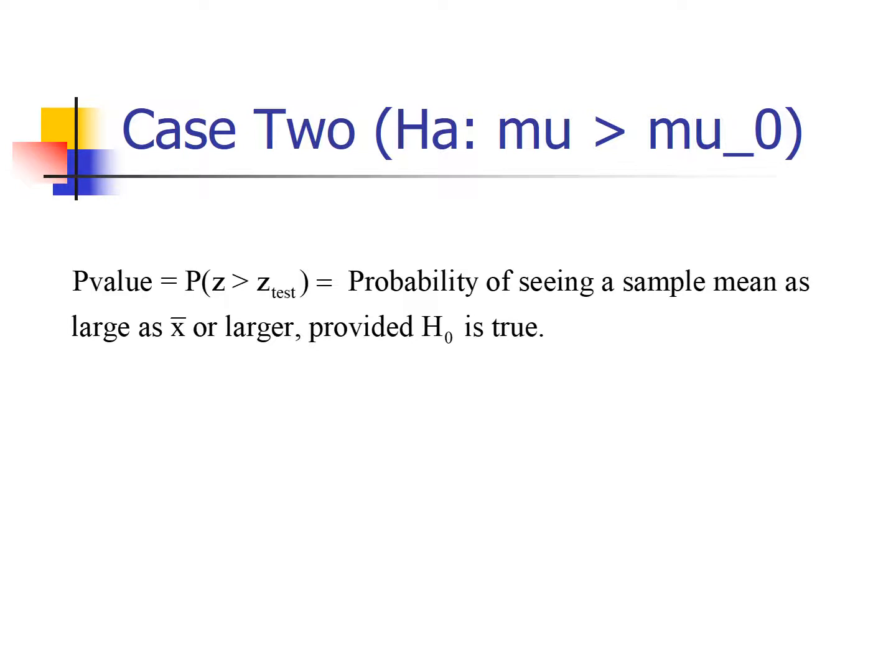Our p-value is the probability that z is greater than z-test. Again, notice, the greater than signs match up. My alternative hypothesis is that mu is greater, and my p-value is the probability that z is greater. They match up. This is essentially the probability of seeing a sample mean as large as the observed sample mean or larger, provided the null hypothesis is true.